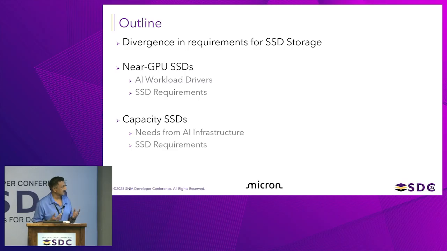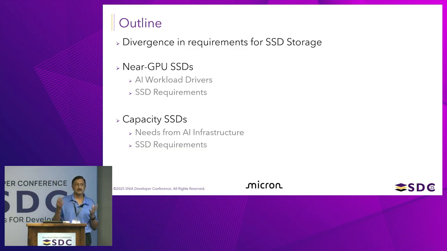So what we've done is separated this into two parts. I will be talking about what we're calling near GPU SSDs, so SSDs on the north-south path of the GPUs, as well as cluster or near local SSDs across the network, while Brent will talk about capacity SSDs.